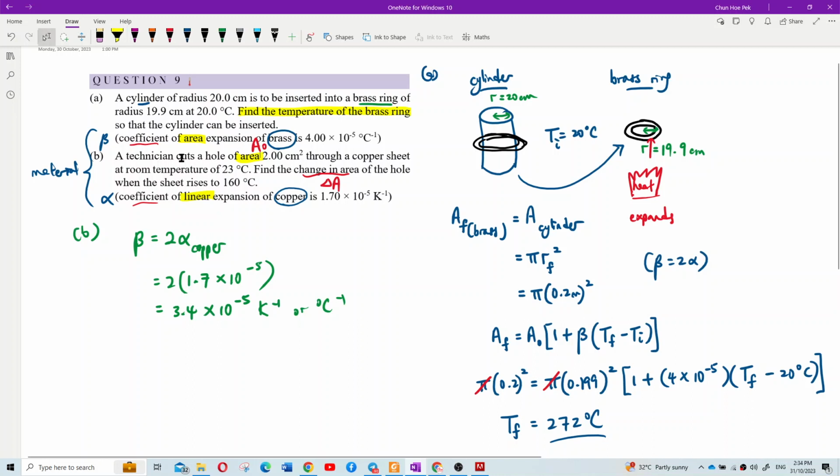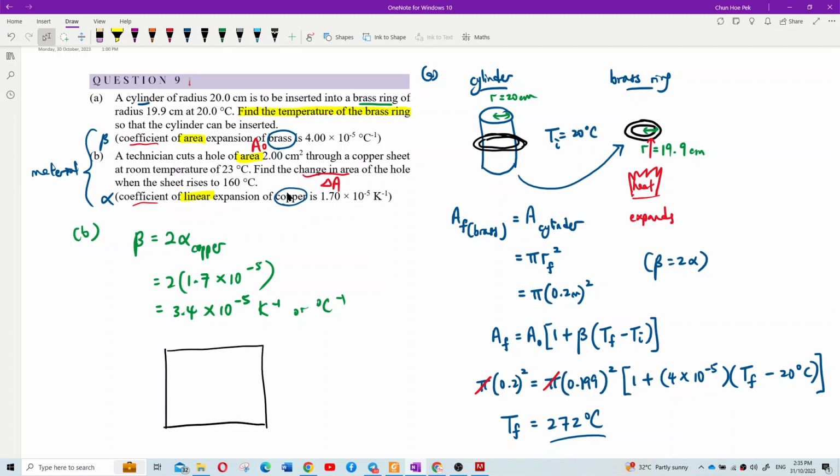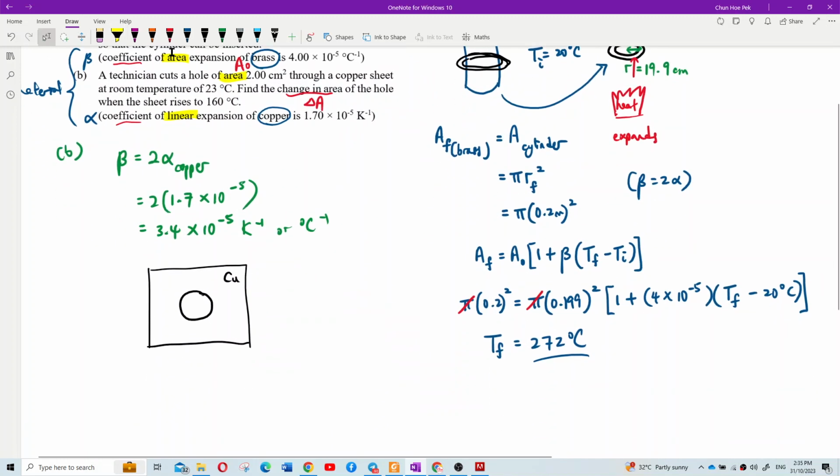Okay, so what is actually happening here? This technician is cutting a hole in a copper sheet. That means I have a sheet made of copper, and it has a hole with area 2 cm square. But then the sheet rises to 160 degrees Celsius.